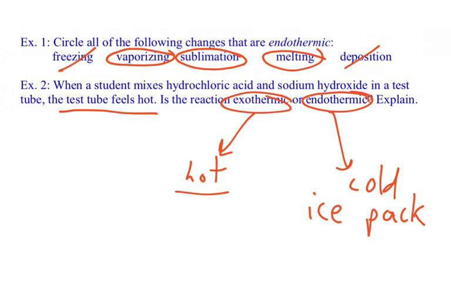A heat pack would be the opposite. When you activate a heat pack, the chemicals start to react, but this time those chemicals, when they react, release heat, and by releasing heat, they cause the temperature of the pack to go up, and it acts as a heat pack versus an ice pack.